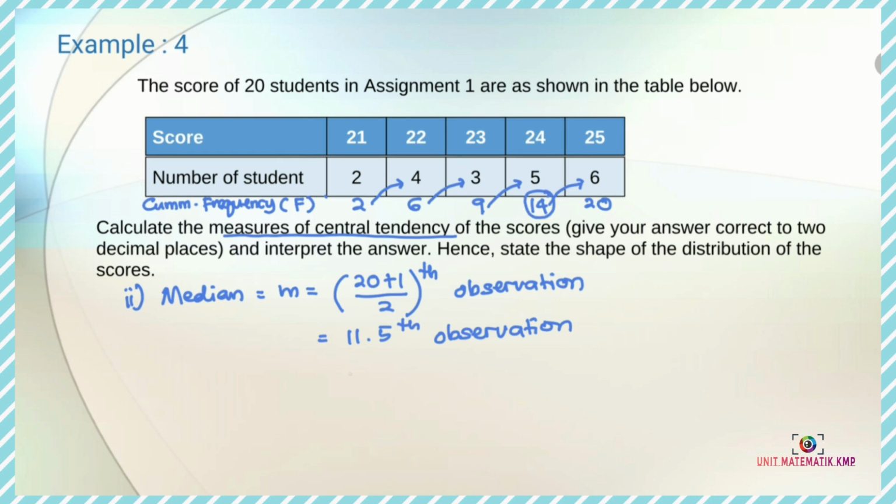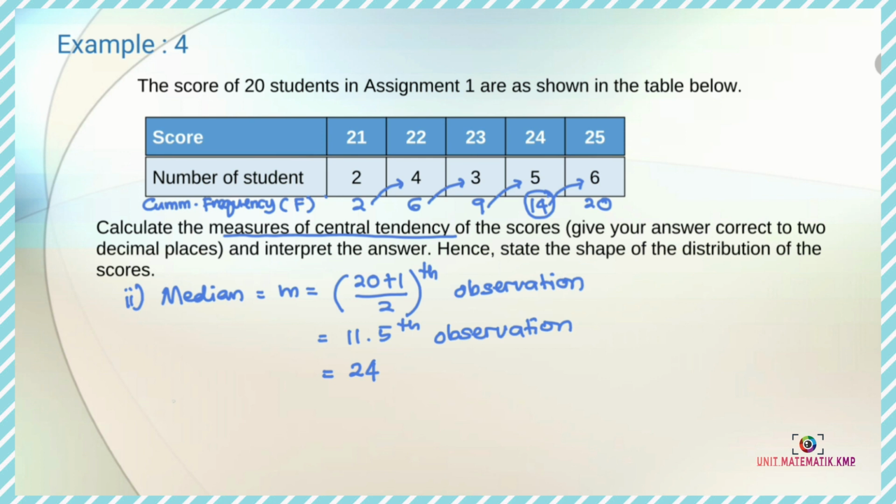The median is at 11.5 observation. Then we have here at the score 24. So the median is 24.